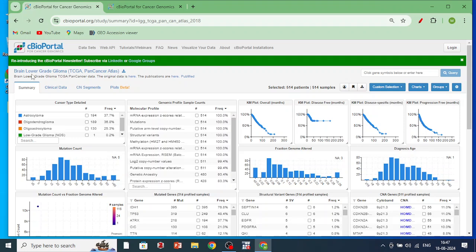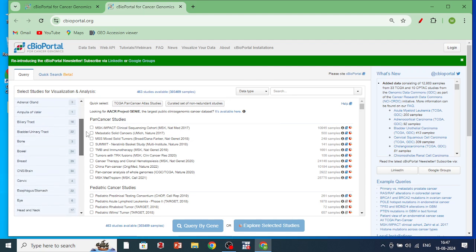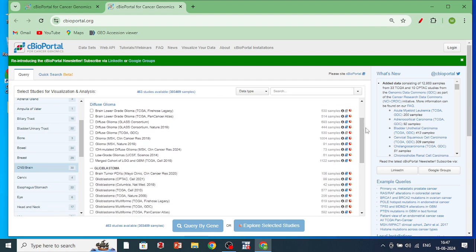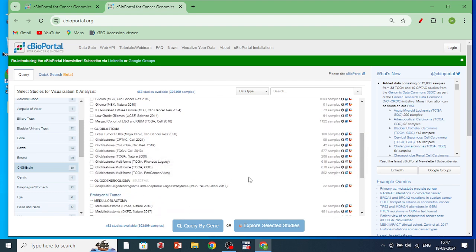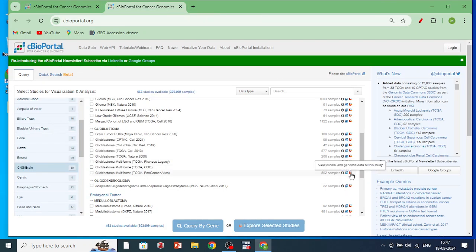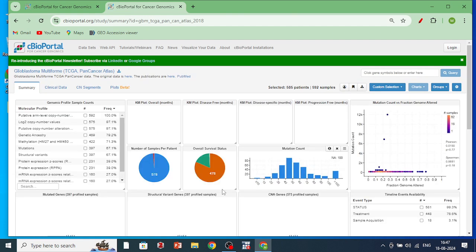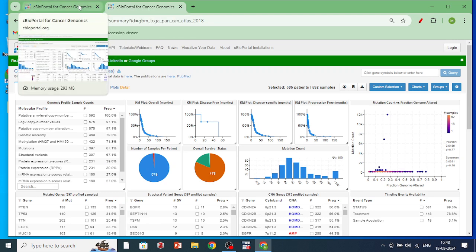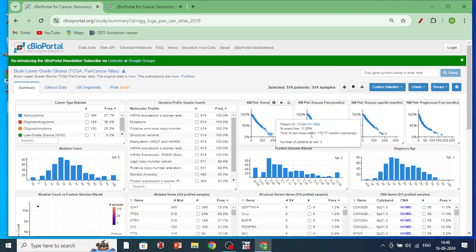So this is basically brain low grade glioma. But if you see the GBM glioblastoma, which is the most aggressive kind of glioma, we will just take the GBM study. So in this you can clearly see it is very different from the low-grade glioma, in which you had all 4 survival parameters with different timelines of like 200 days and beyond.